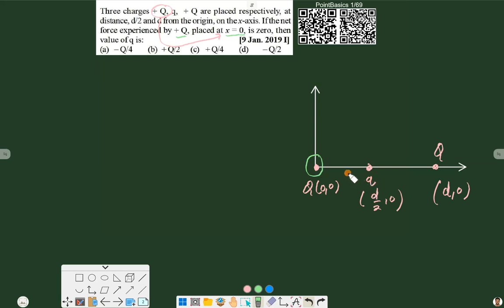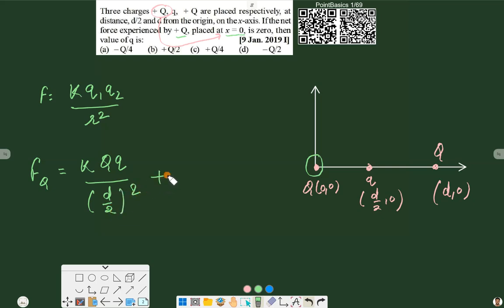We know that the force between two charged particles is given by k q1 q2 by r square, where k is 1 by 4 pi epsilon naught. So the force on Q, which is at (0, 0), will be the force from this charge, that is k times capital Q small q divided by (d by 2) square, plus k times capital Q into capital Q, so capital Q square, divided by the distance between this charge and this charge, which is d, so d square.